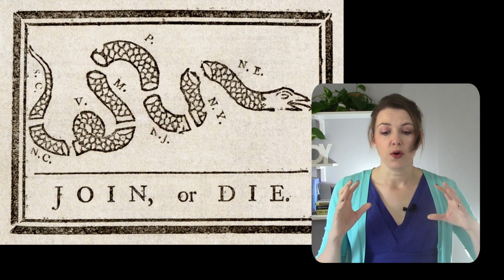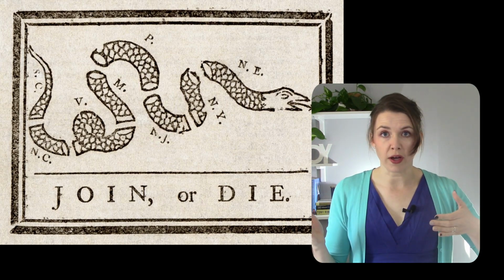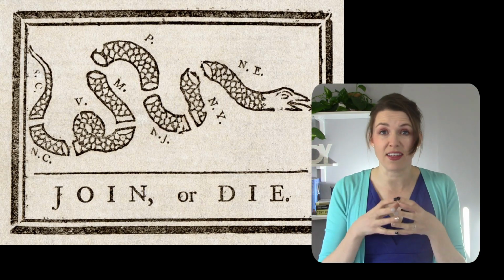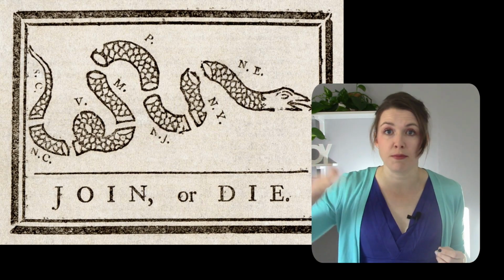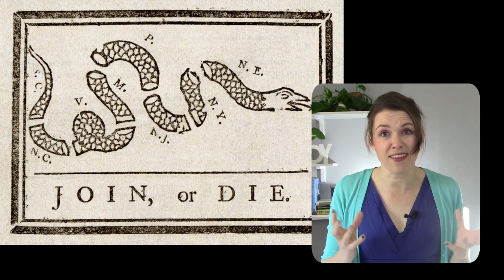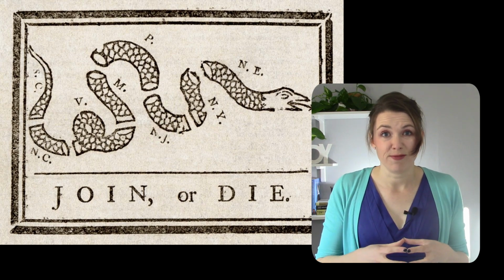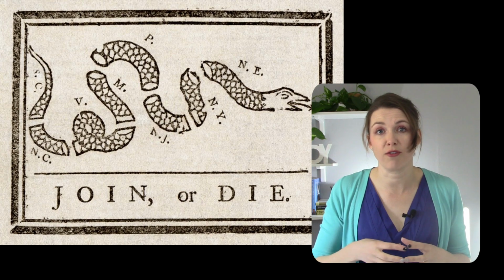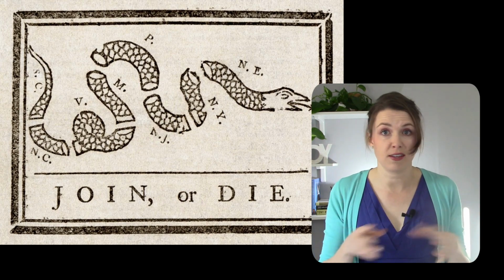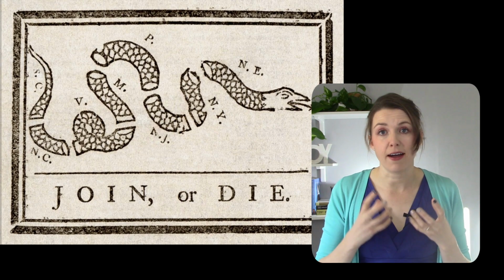And so if everybody doesn't join together, this country, why people immigrated here from Europe, if we don't join together, we could die. Our entire country could just fall apart, the British will take over, and we, as a new country, will probably die.